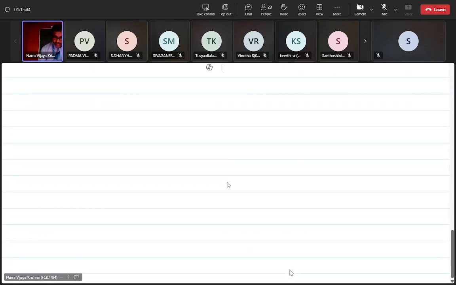Now I am taking one more reaction: opposing reactions. Already in chemical equilibrium, we discussed that every opposing reaction reaches equilibrium after some time.